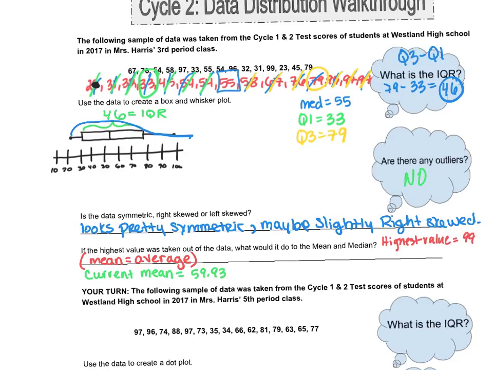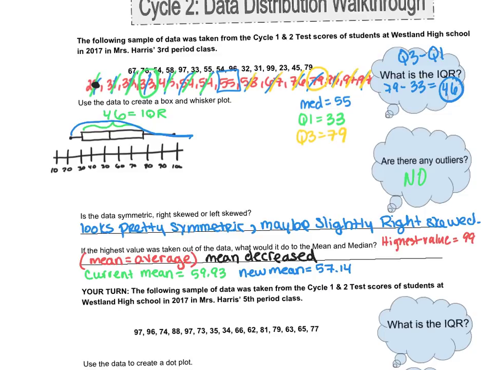If I take 99 out, then my new mean became 57.14. So the mean went down. The mean decreased. Which that makes sense. If I take out your highest test score, you're not going to be very happy because your average in my class is going to go down.